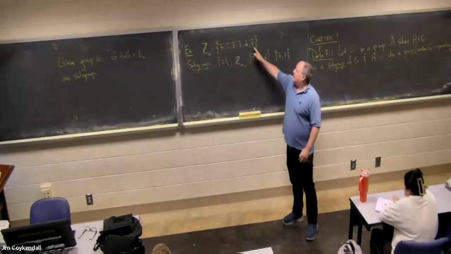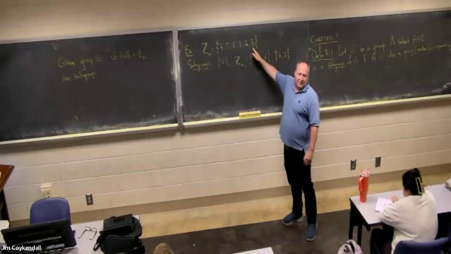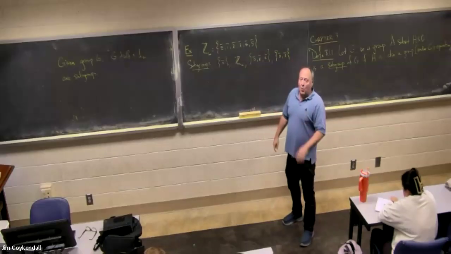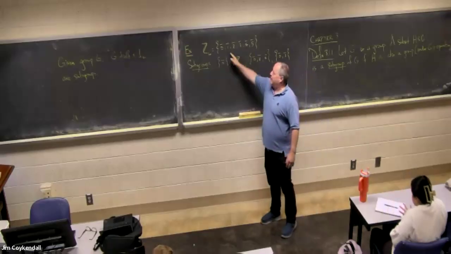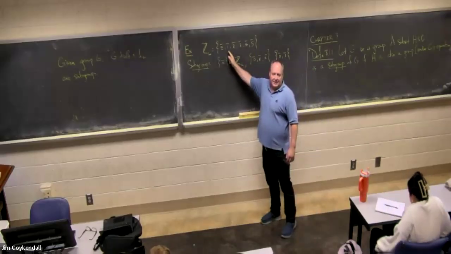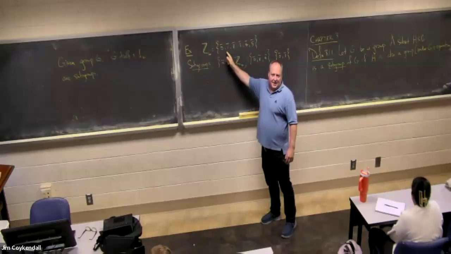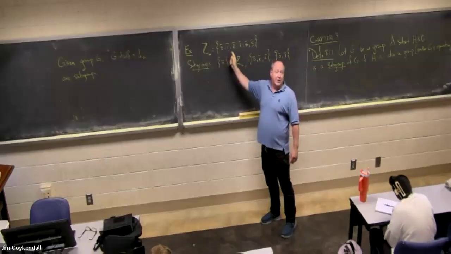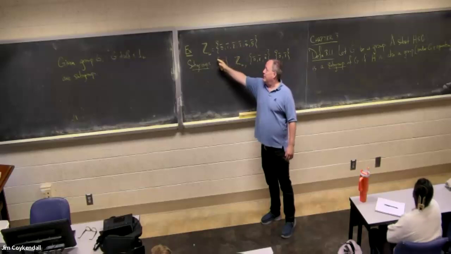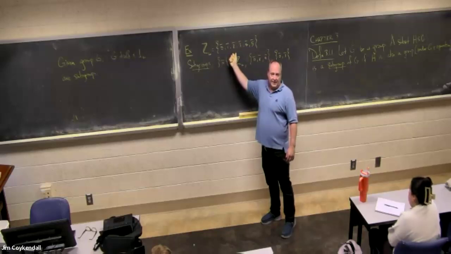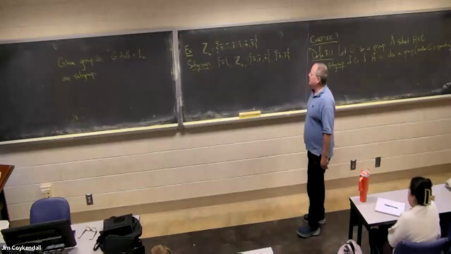Another way to think about 5 is as -1, the inverse of 1. So the same thing is going to happen with 5. In fact, what's interesting about 1 and 5? These are the only two numbers less than 6 that are relatively prime to 6. And that's why that works.